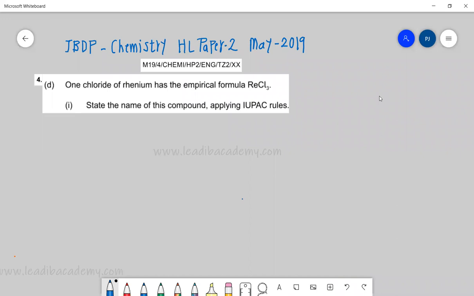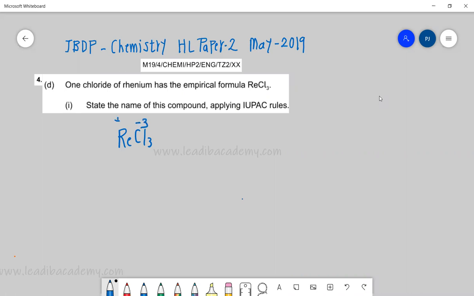Okay, 4D1. One chloride of rhenium has an empirical formula of ReCl3. And they are asking us to write down its IUPAC name. Simple. What is the logic? Chlorine will always have -1, so the total is -3.